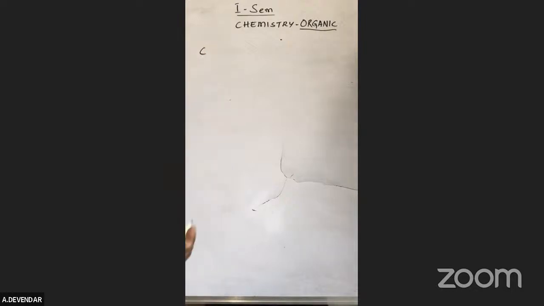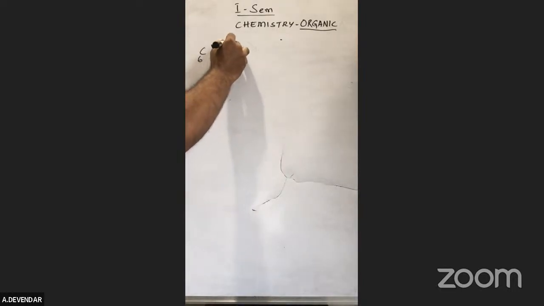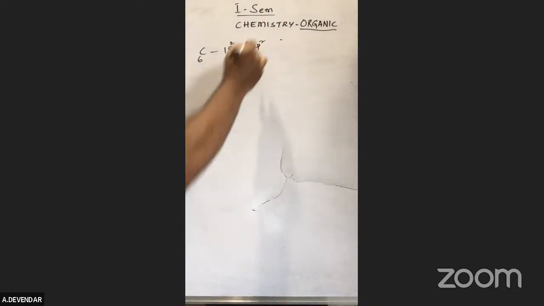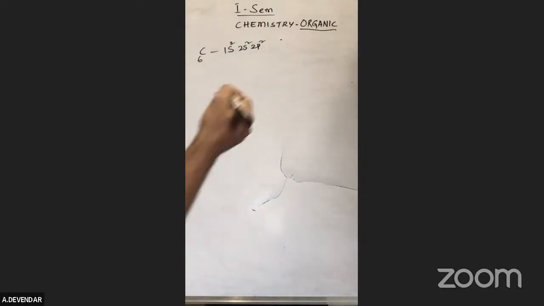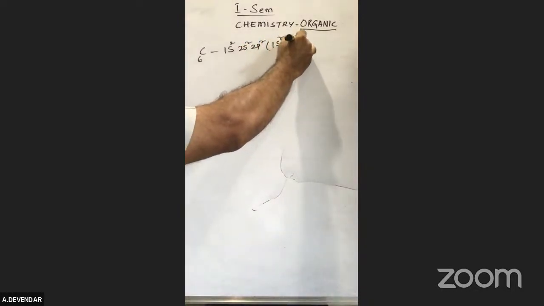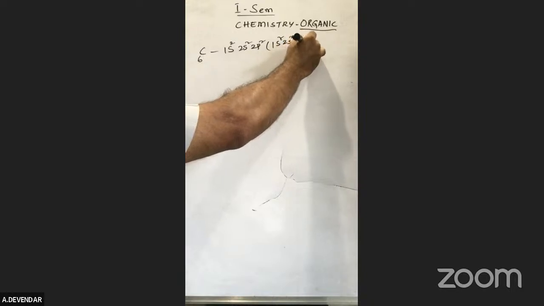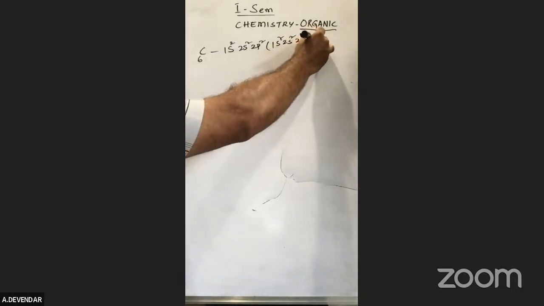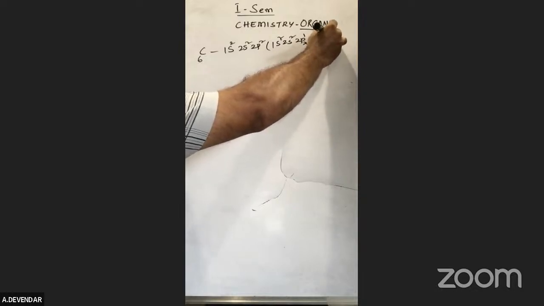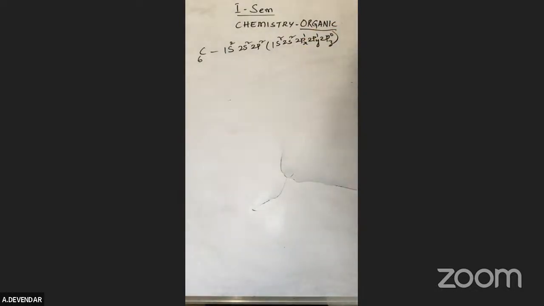organic chemistry means the study of carbon compounds. Carbon is the sixth atom in the periodic table. Generally, you write its electronic configuration as 1s2, 2s2, 2p2, six electrons. For elaboration, I am writing 1s2, 2s2, 2px1, 2py1, with degenerate orbitals.